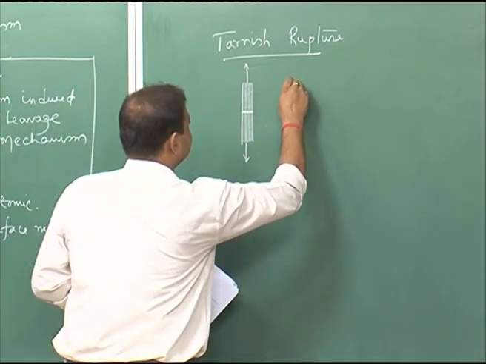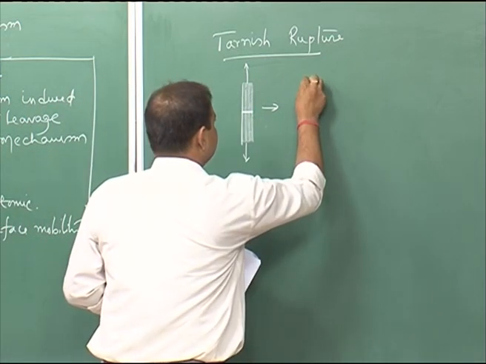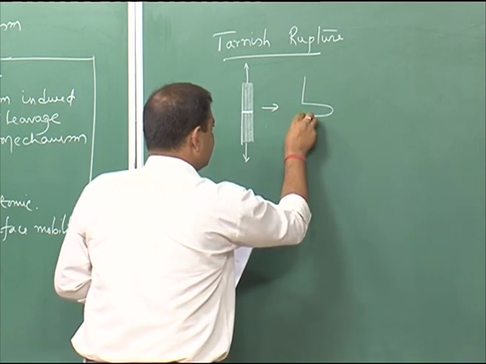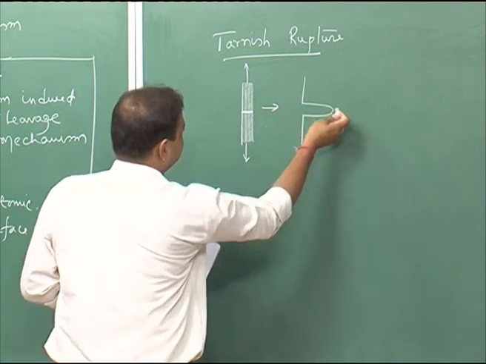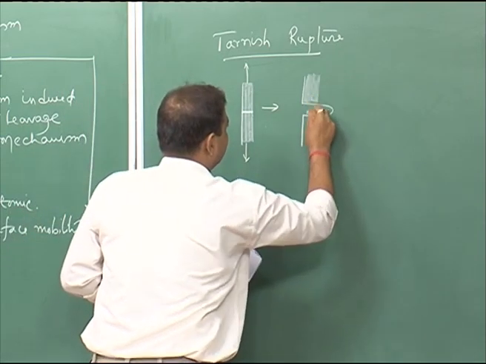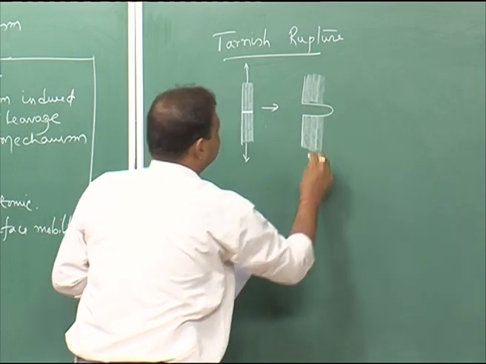So, what happens next? If you see the next step, you have this crack which is like this, because the blunting is happening. Again, this is my passive film.